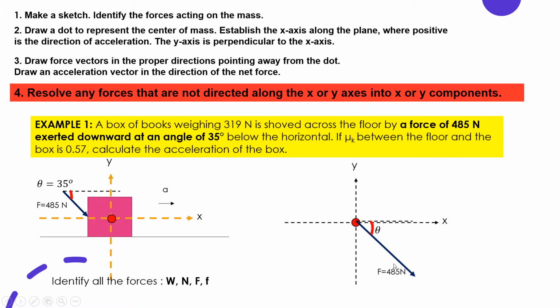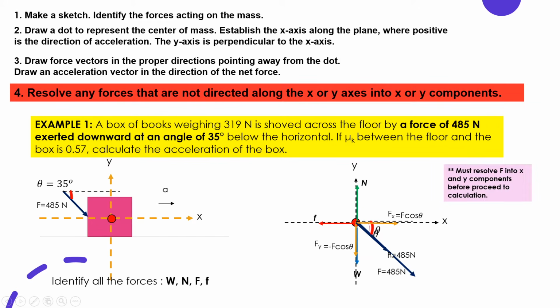Then we're going to have, macam biasalah, kita ada normal force. Kita ada frictional force, where the direction of the frictional force, remember, must always be opposite to the acceleration. And then we have weight, which is directed downward. So the last one, we must resolve F into x and y components before proceeding to calculation. How do we resolve?